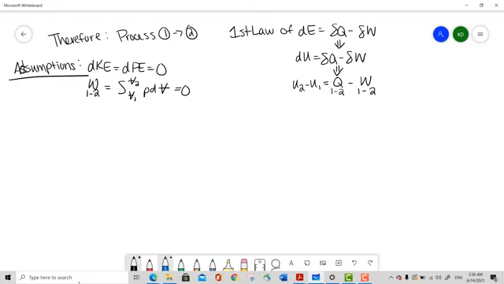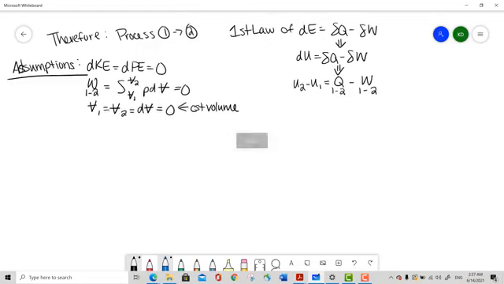And let's see. And then volume, the change in volume is going to be 0 because we have a constant volume. Okay, so these are the things that we have made assumptions on. And so you could write them down just like that, but just be sure to make note of them. Okay.